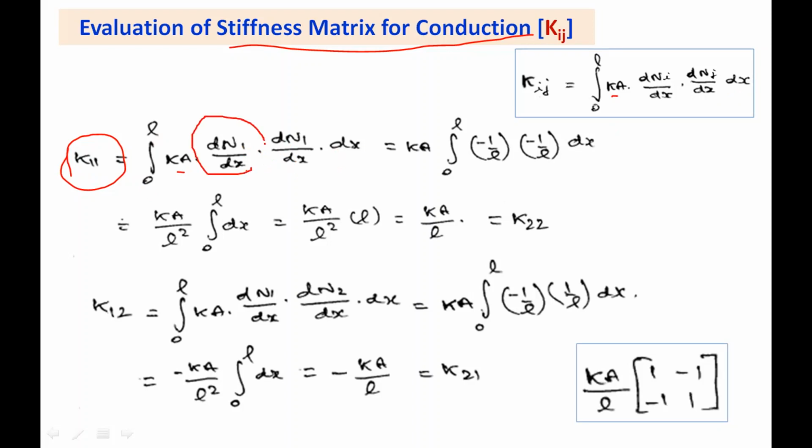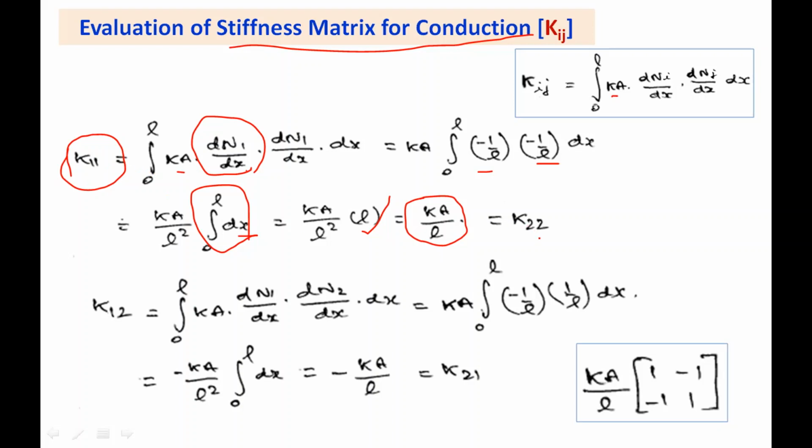What is dN1 by dx? N1 is 1 minus x by L. When you differentiate that, you will get minus 1 by L. So minus 1 by L times minus 1 by L dx. We can take the constant outside, Ka by L square. The remaining will be integral 0 to L dx, which gives L. After integration and substituting the limits, we get Ka by L as the first element of the stiffness matrix for conduction, K11.